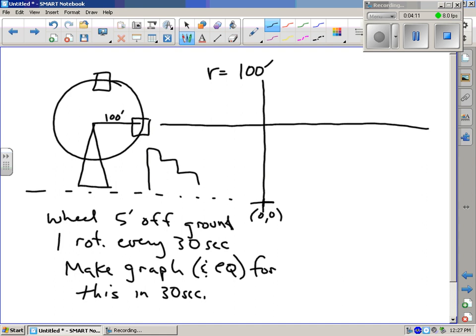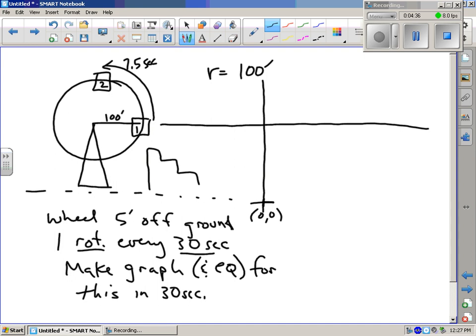So if I start here at bucket number 1 and I travel to bucket number 2, how far did I go? How long did it take? Well, we said that one rotation was 30 seconds, so all the way around is 30. Half of that would be 15. A quarter of it would be 7.5 seconds.